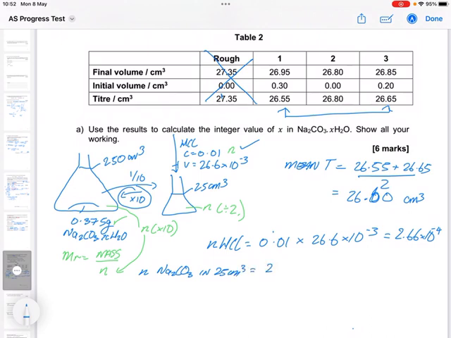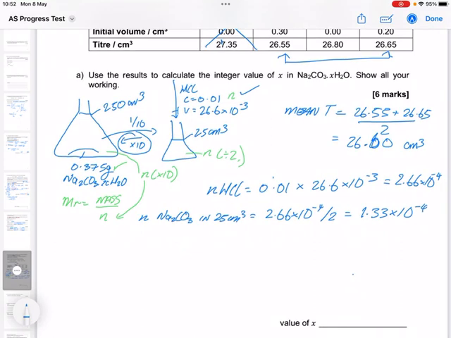That's going to be 2.66 times 10 to the minus 4 divided by 2, which is 1.33 times 10 to the minus 4. And then I need my number of moles of sodium carbonate in 250 centimetres cubed. So that's 1.33 times 10 to the minus 4 times 10, which is 1.33 times 10 to the minus 3.